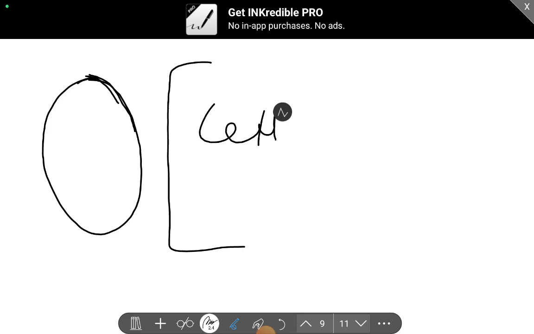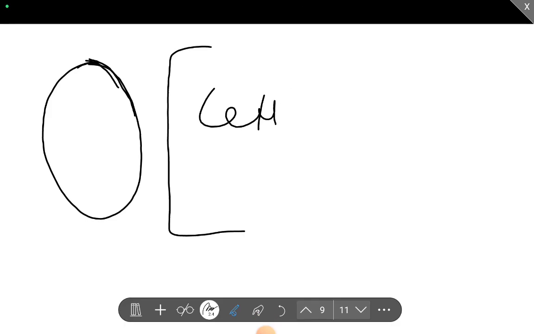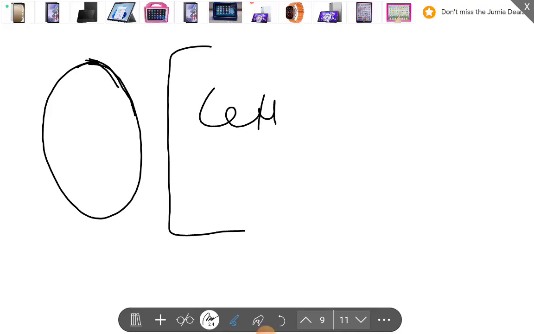The capillary endothelial cells are fenestrated.